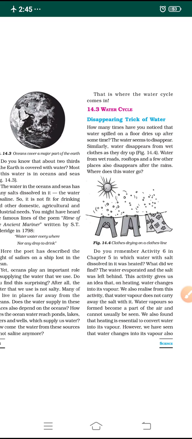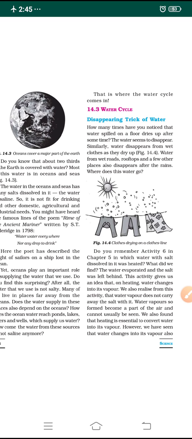When we heat the salt solution, the water evaporates completely and only the salt is left behind.